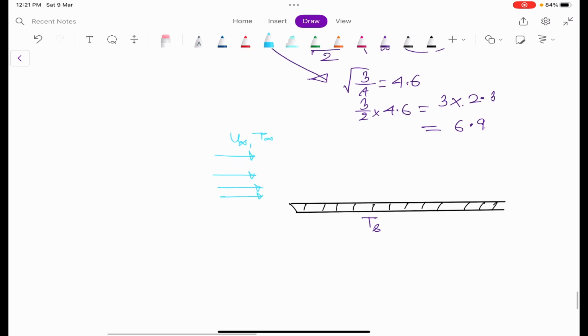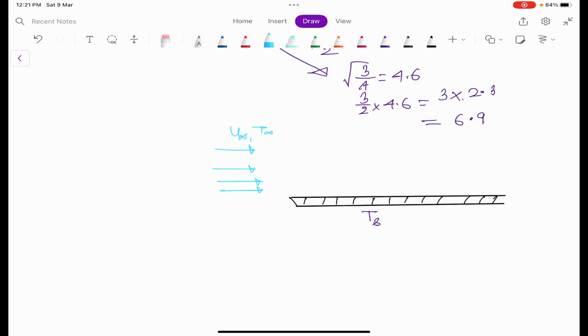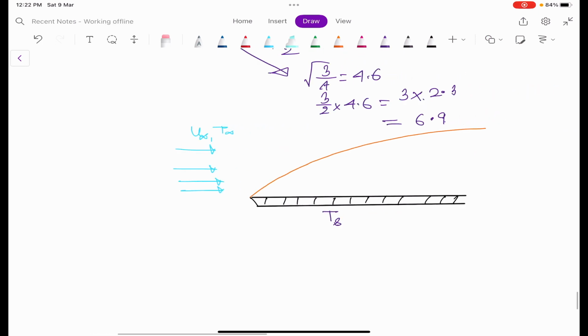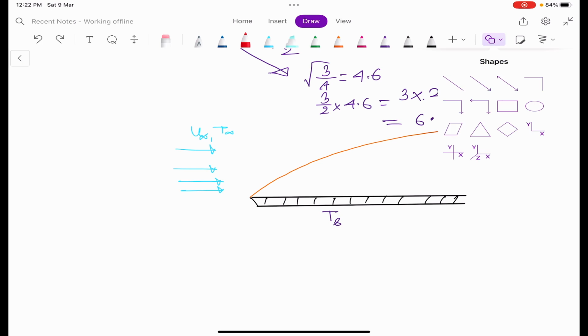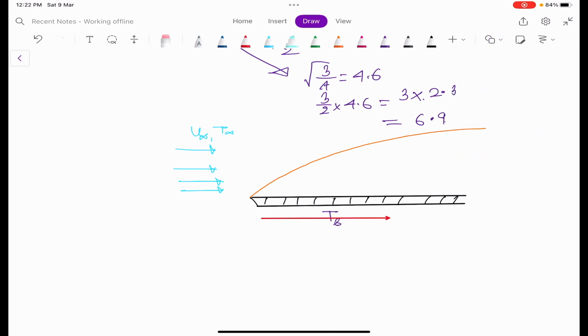Okay, and now there will be the hydrodynamic boundary layer as I have mentioned earlier, it will develop like this. At a distance x we are having the hydrodynamic boundary layer thickness delta x, that is given by this.